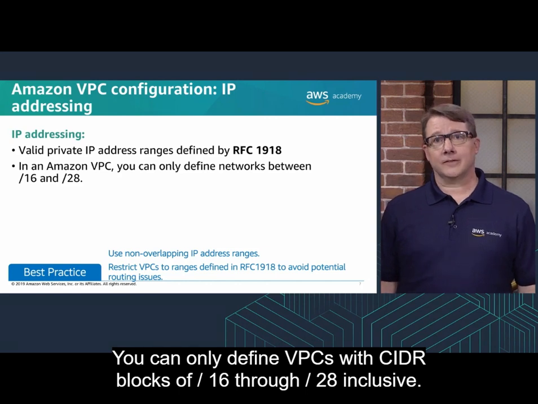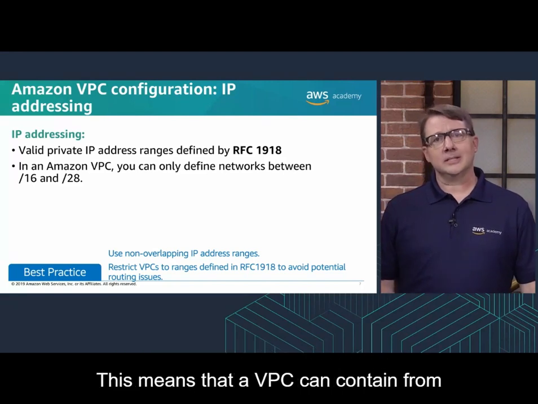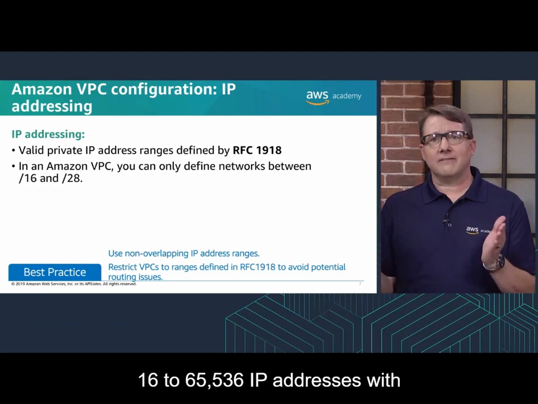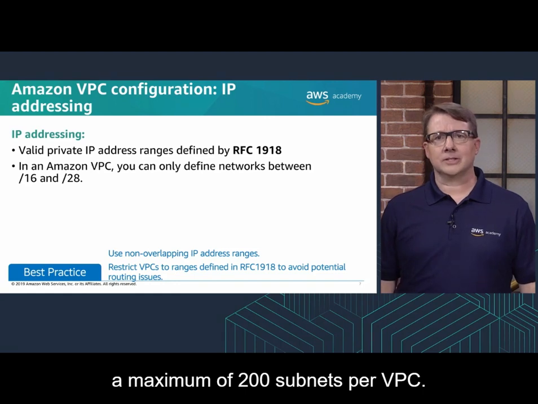You can only define VPCs with CIDR blocks of /16 through /28 inclusive. This means that a VPC can contain from 16 to 65,536 IP addresses, with a maximum of 200 subnets per VPC.